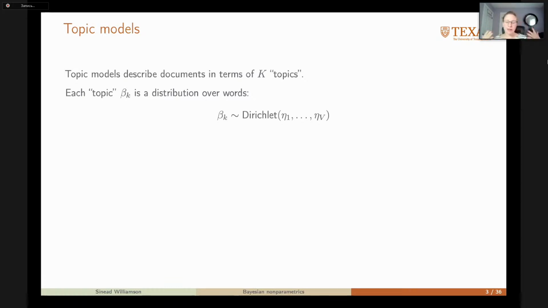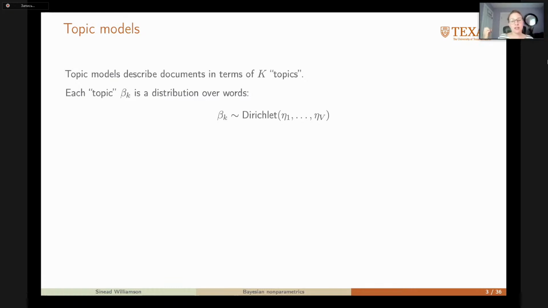So basically what a topic model does, it's a way of describing documents in terms of topics. We're going to assume in the standard situation that we have K topics that we're going to use to represent our documents. These aren't predefined topics. They're things that we're going to infer from the data. And so we're going to be Bayesian about this, so we're going to put a prior distribution on our topic.